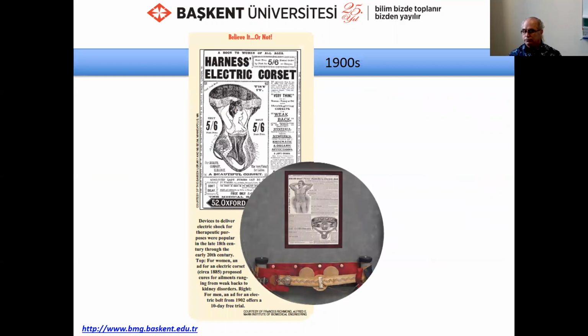And when we come to the 19th century, the first applications seem like the electric corset and those devices to deliver electric shock for therapeutic purposes, and those were very, very popular during the 18th century. You can see two different forms of the electric corset, for woman and man.